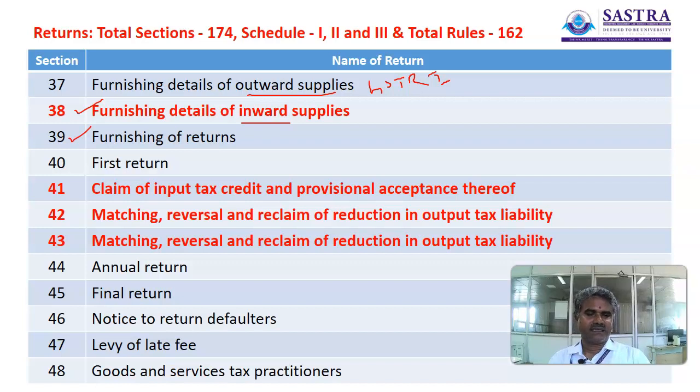So what is a return? Return is nothing but we are going to inform what transactions we had during the previous year. Furnishing the information about purchase and sales in the form of a return is called filing of return. We are informing, we are intimating the government: these are all the transactions we have, these are all the sales, these are all the purchases we have.